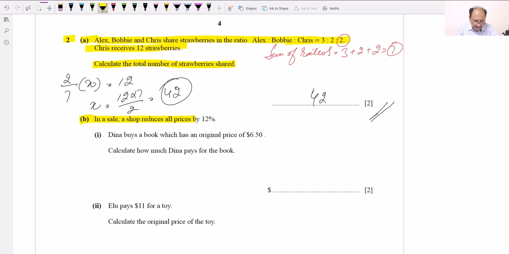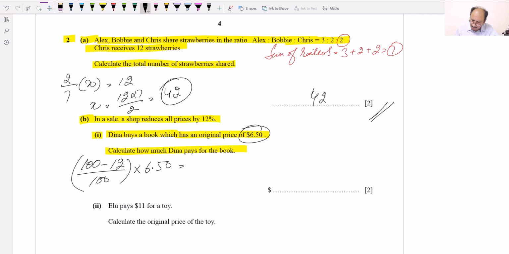Now part b, in a sale a shop reduces all prices by 12%. Part i, Dina buys a book which has an original price of 6.50. Calculate how much Dina pays for the book. So it's a percentage reduction, and percentage reduction is 100 minus whatever reduction, divided by 100, multiplied by the original price, which is 6.50.